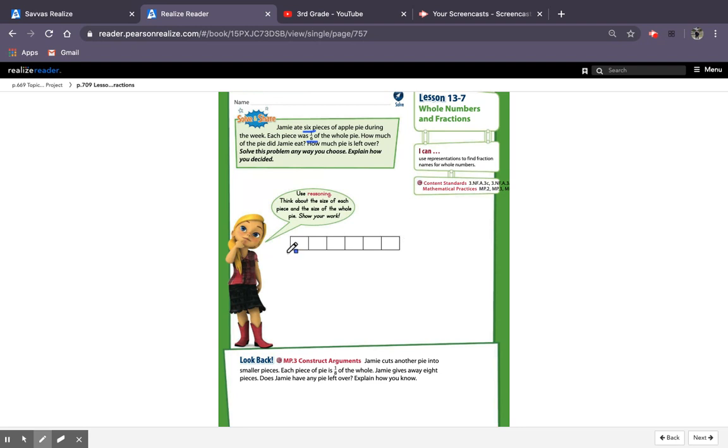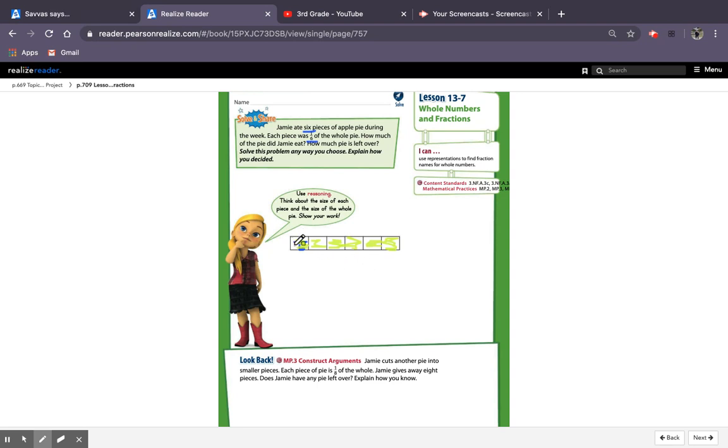Each of these boxes represents the fraction 1/6. So I'm not going to write in each one. I'm just going to write it in this first one, but each box is represented by 1/6. And now I know that he ate 6 pieces of apple pie. So he ate 1 piece, 2 pieces, 3 pieces, 4, 5, and 6.